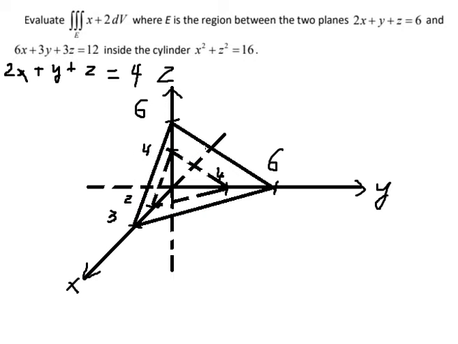Oh, sorry, that should be like this. So this is the base of the cylinder. And now it goes parallel to y, not x. So they will go like this.